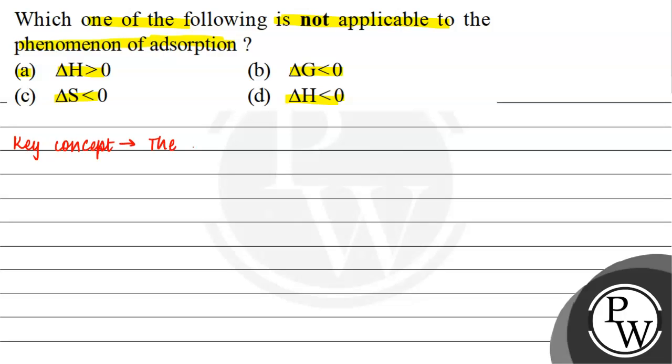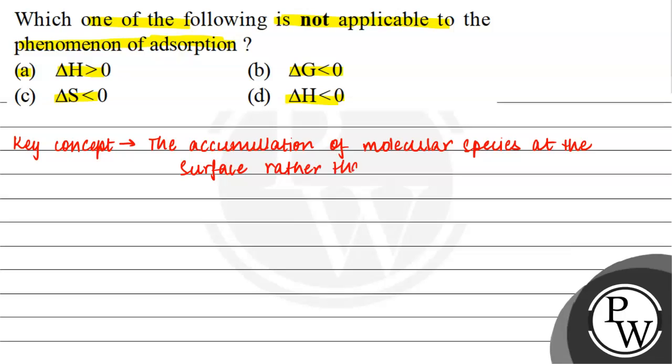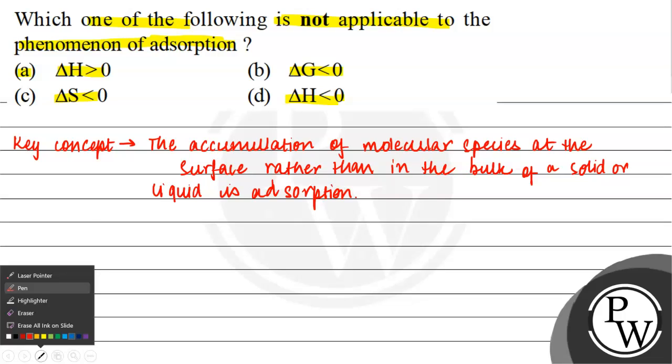The accumulation of molecular species at the surface rather than in the bulk of a solid or liquid is termed as adsorption. Now let us talk about the question.